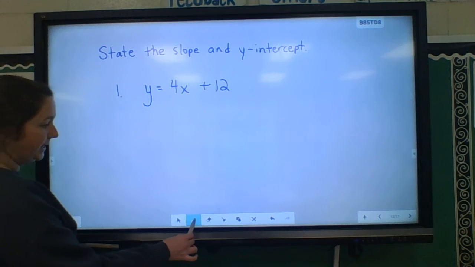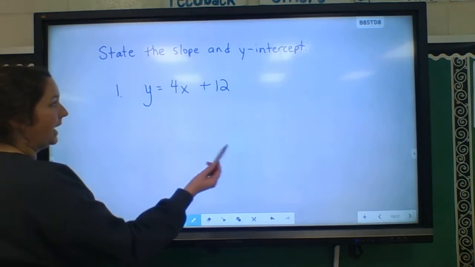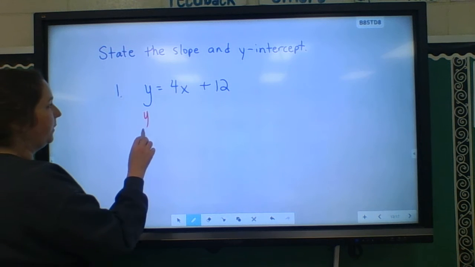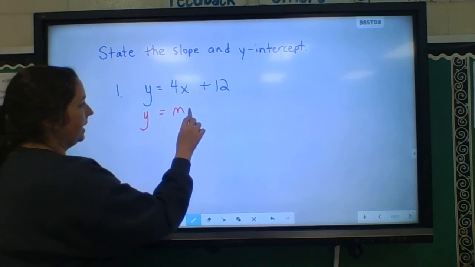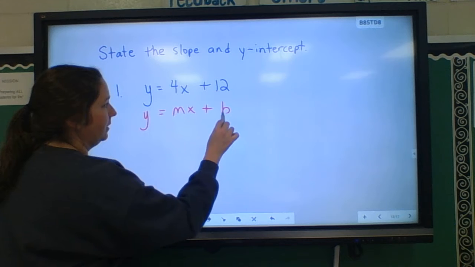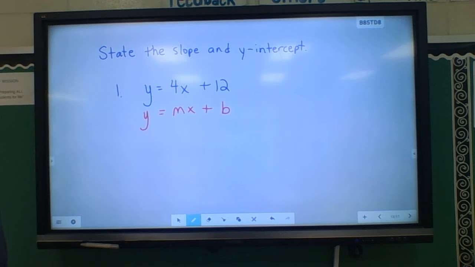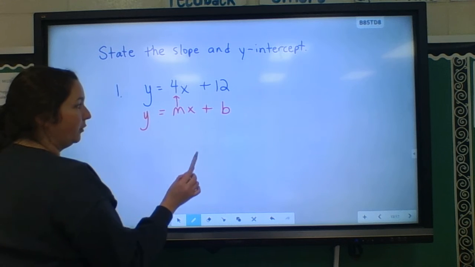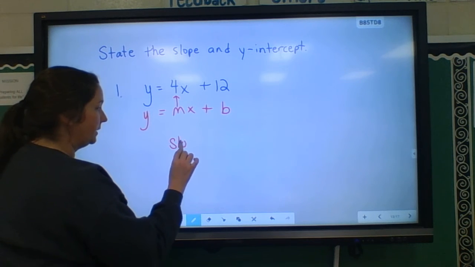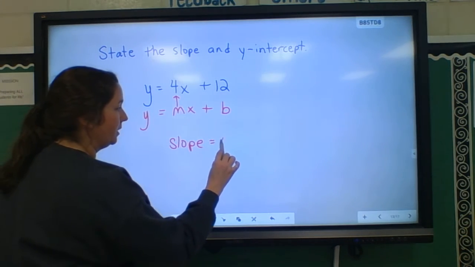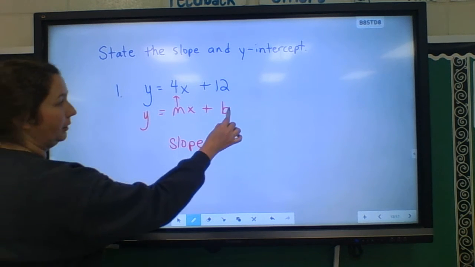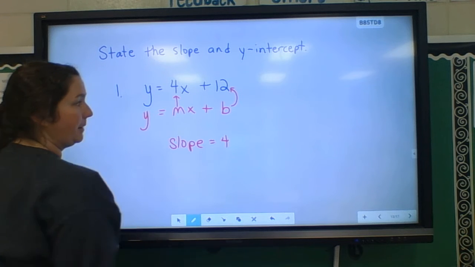Okay, so easy enough. Our formula is y equals mx plus b. So what's m equal? 4. What does m stand for? Slope. What does b equal? It matches with the 12.